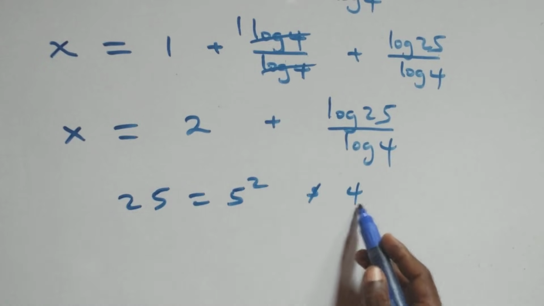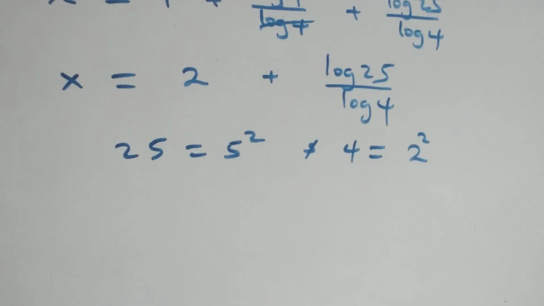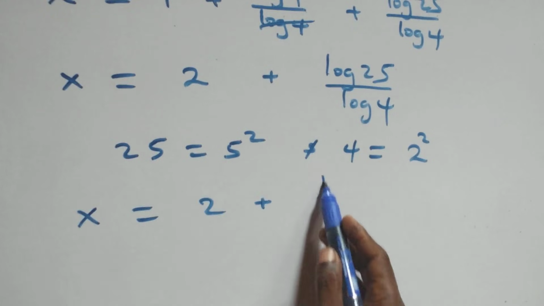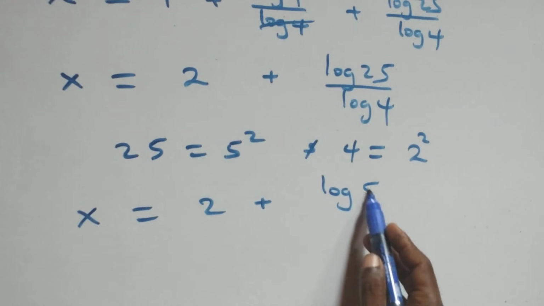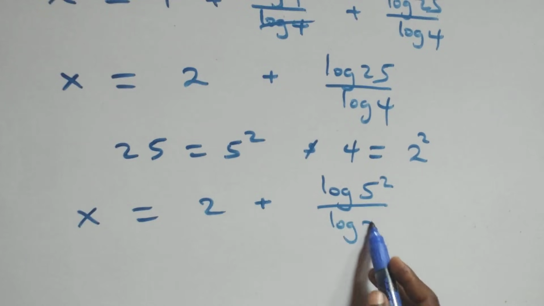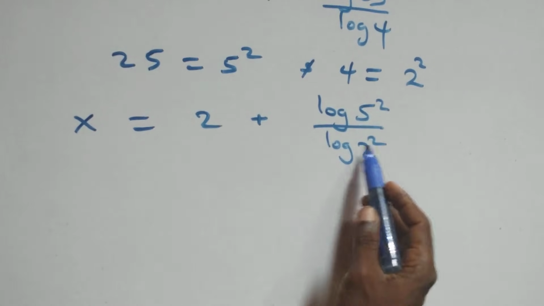And also 4 as 2 times 2, that's 2 squared. Which implies x equals to 2 plus log 5 squared over log 2 squared. Then here we apply the power law of logarithm. So this 2 comes here and also here.